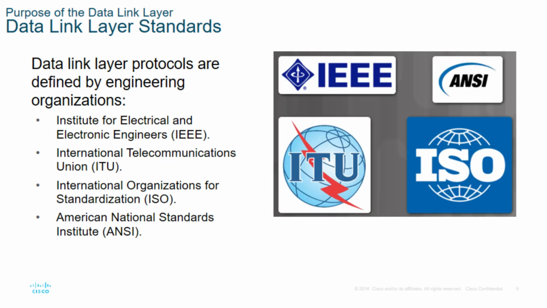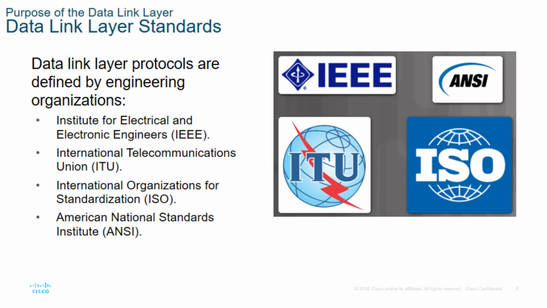Now, data link layer standards. Data link layer protocols are generally not defined by Requests for Comments. Unlike the protocols of the upper layers of the TCP/IP suite, the Internet Engineering Task Force, IETF, maintains the functional protocols and services for the TCP/IP protocol suite in the upper layers, but it does not define the functions and operations of the TCP/IP network access layer.